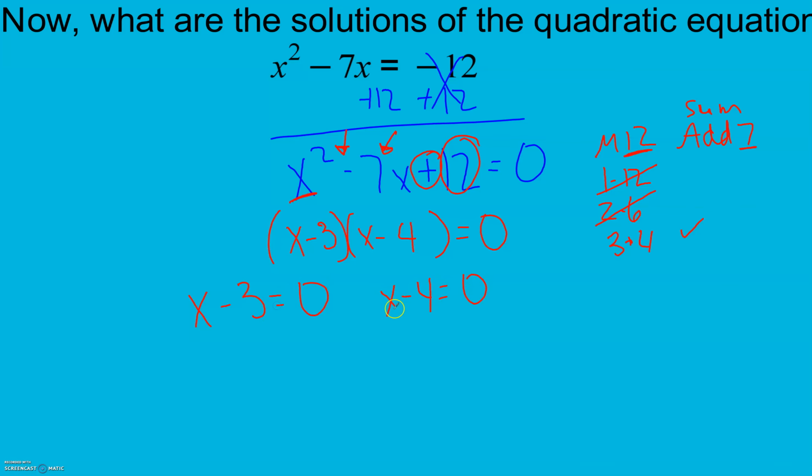So I can take x minus 3 or x minus 4 equal to 0 and solve. x could have been 3 or x could have been 4. Either one of those gives me a true statement.